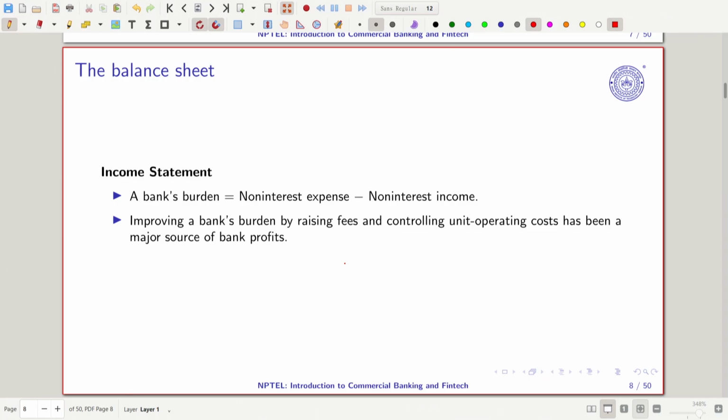In the case of the income statement, we also have something called the bank's burden. Bank's burden is basically the difference between non-interest expense, how much a bank is incurring as expense, and non-interest income. You can match this because this is all related with non-interest income and expense. Sometime, if we can remember, SBI also wanted to charge a minimum balance fee, but later they waived it off.